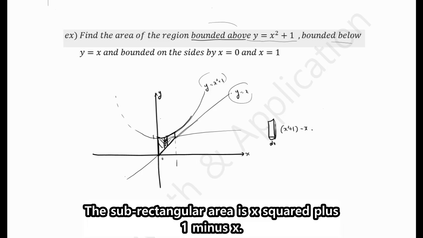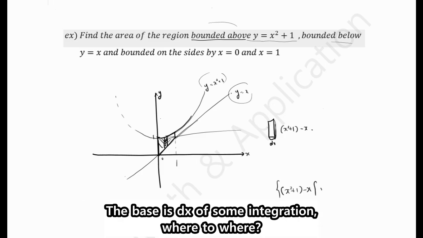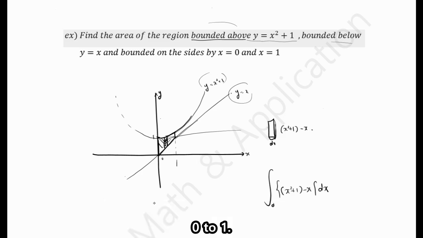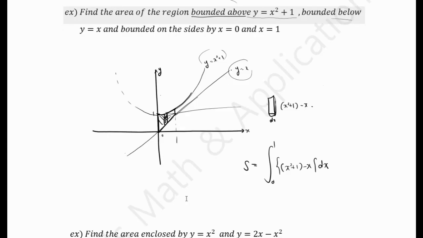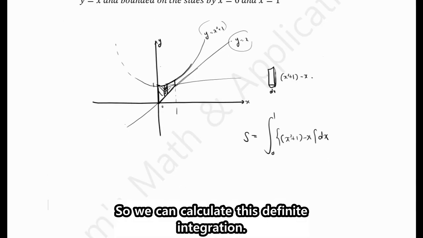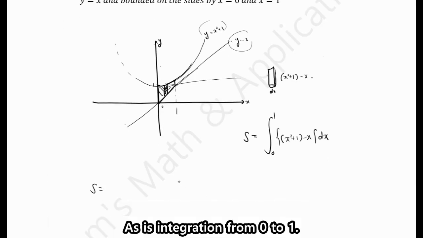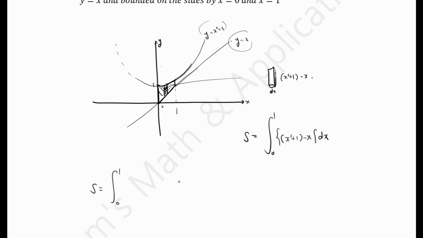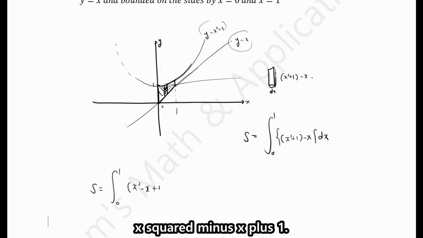The subrectangular area is (x squared plus 1 minus x) times the base dx, and we sum by integration from 0 to 1. This is the area. It's very, very easy. So we can calculate this definite integral. A is the integral from 0 to 1 of x squared minus x plus 1 dx.